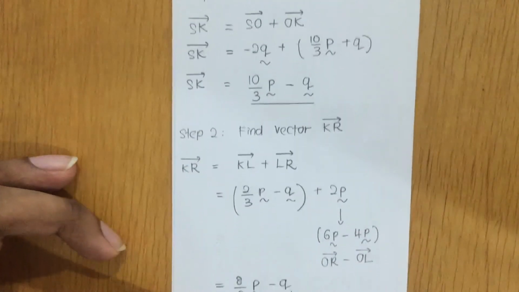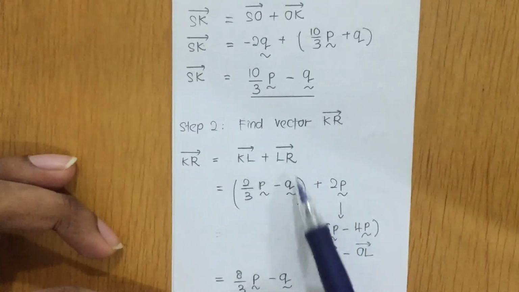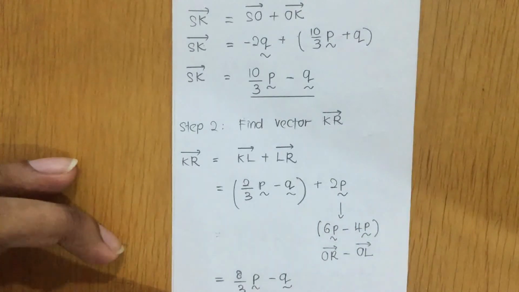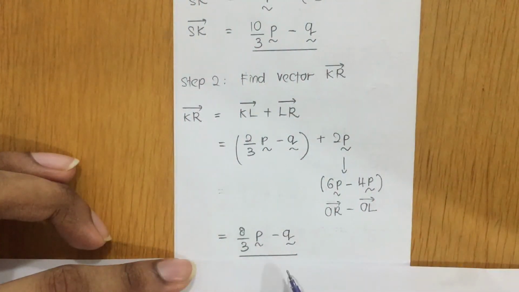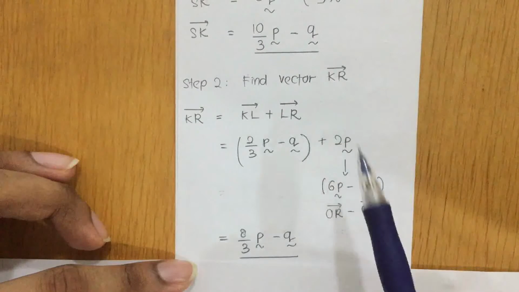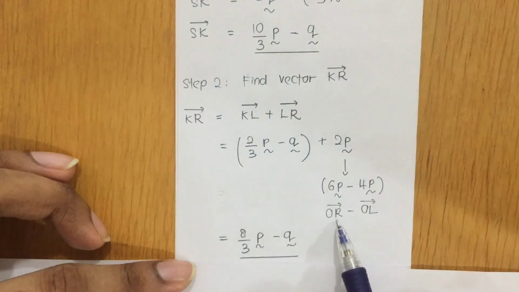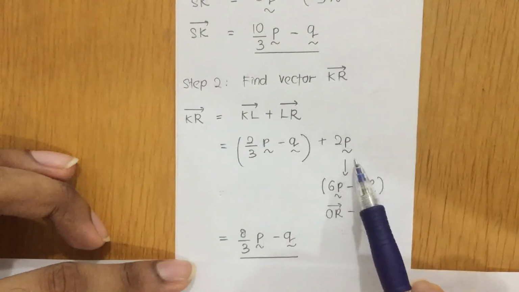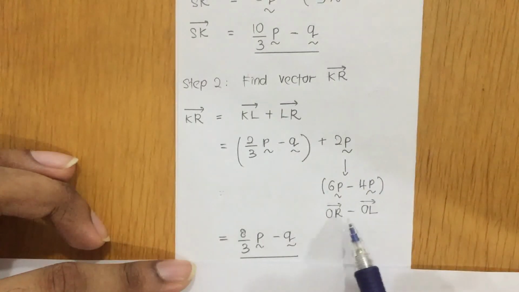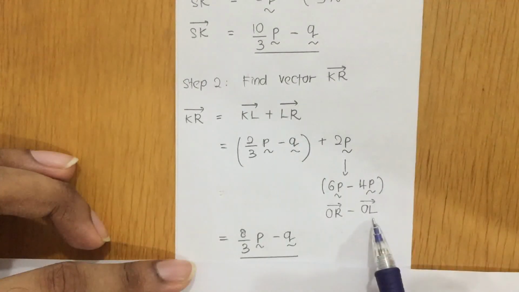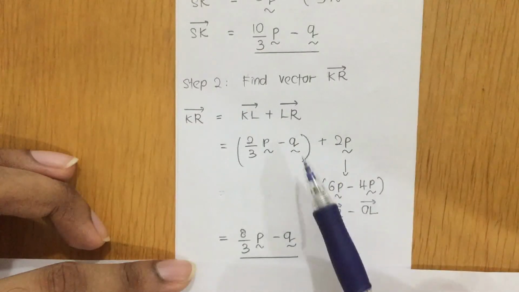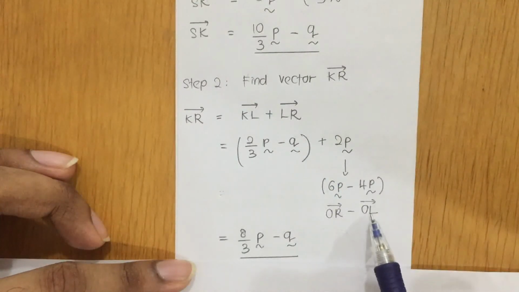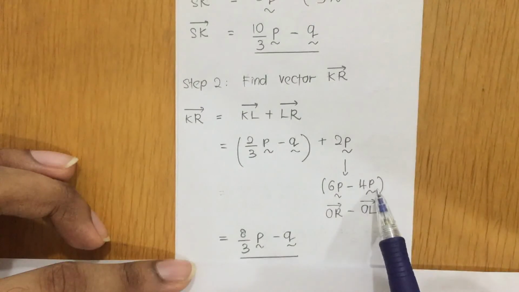You might be wondering how I get vector LR. This is a good question, guys. To find vector LR, you need to use vector OR minus vector OL. That's how I get vector LR. Vector OR is 6p, vector OL is 4p. So 6p minus 4p gives 2p.